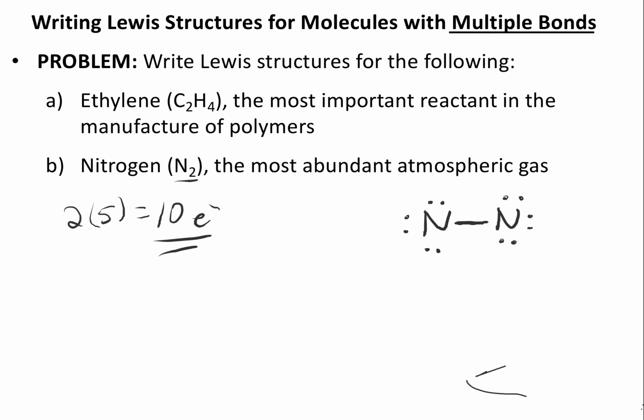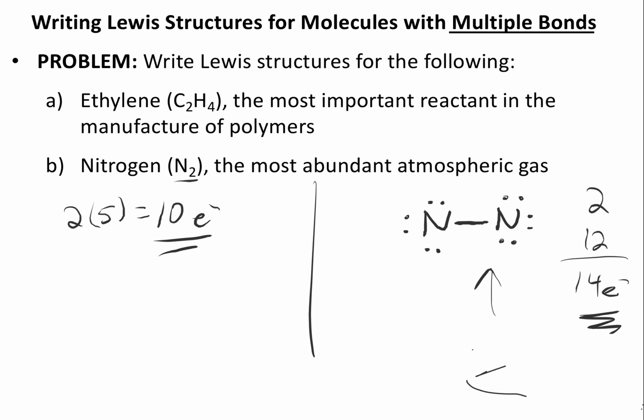But if I did that, let's see how many electrons we used. I used 2 in the bond, and then each nitrogen has 6 more, so that's 12. I think I used 14 in this structure. But I only had 10, didn't I? That's a big problem. I can't use 14 if I've only got 10.